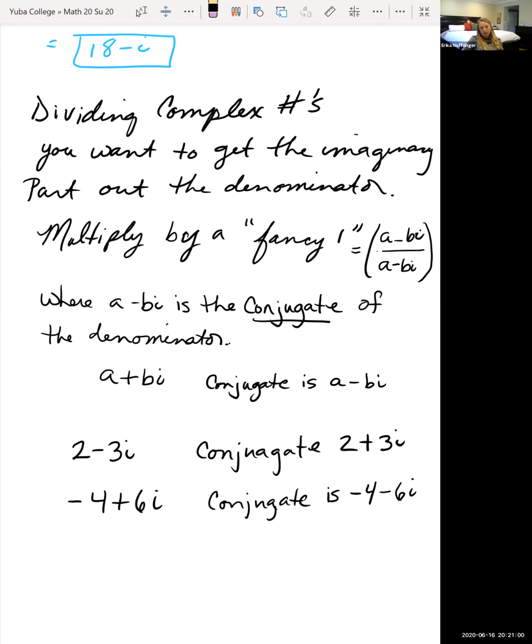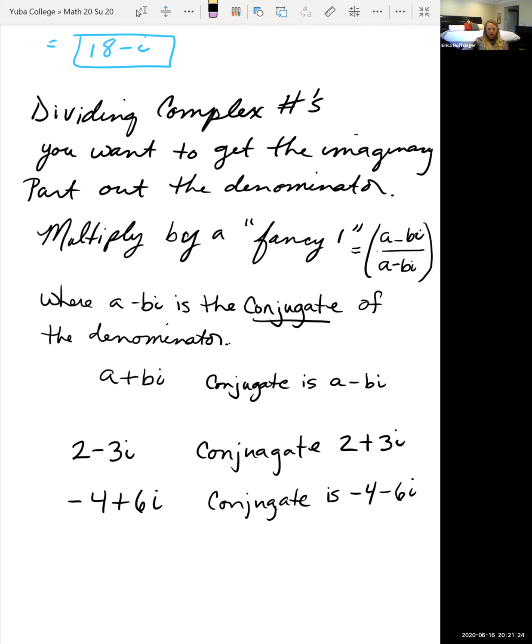So really the purpose of that is because notice the conjugates kind of look like the factors of a difference of two squares. And what's going to happen is when you're squaring an i, we said that's negative 1. And so that's going to get rid of that imaginary part in the denominator. Same idea as when you were doing that for radicals.